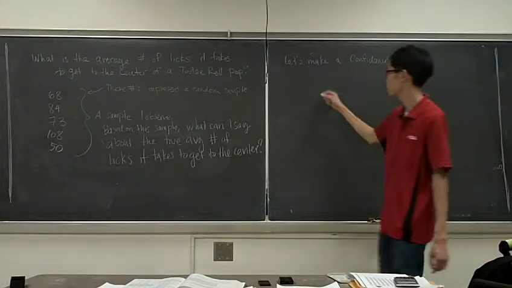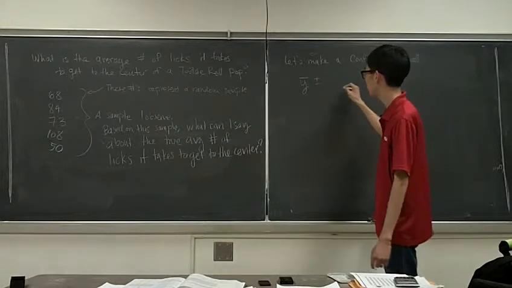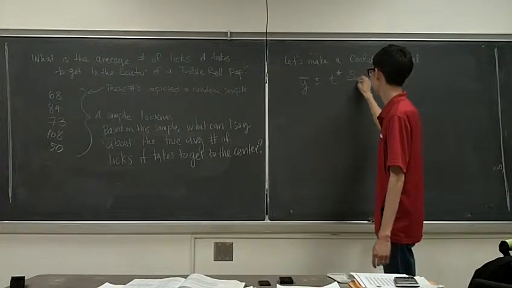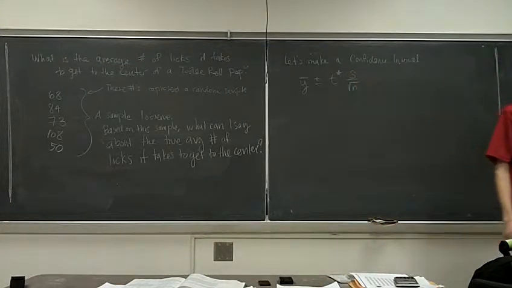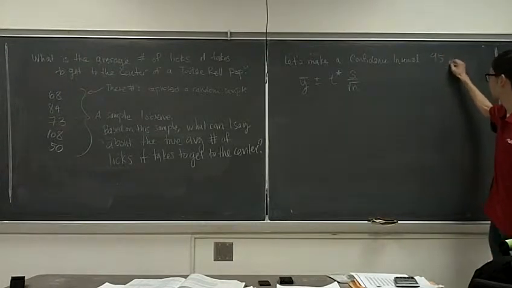Just to refresh your memory, the formula is Y bar plus or minus T star times S over the square root of n. And let's say we want to make a 95% confidence interval.